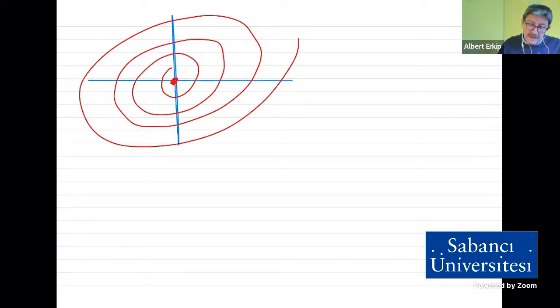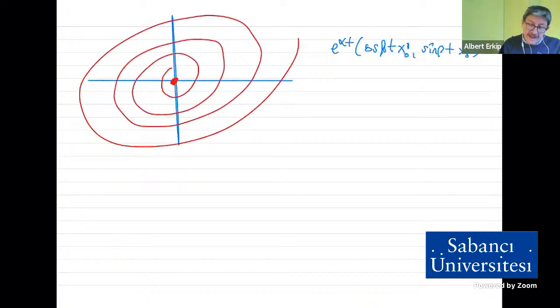So this is e to the alpha t times cosine beta t times x0, 1, sine beta t times x0, 2. So ellipses, but this is the radius.